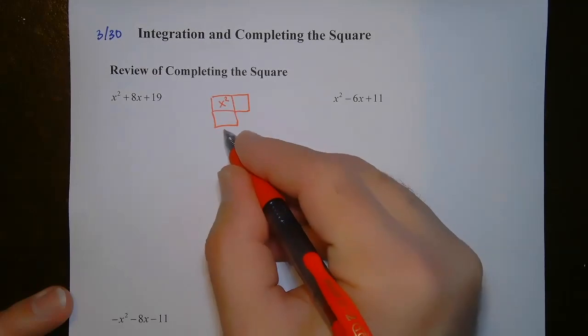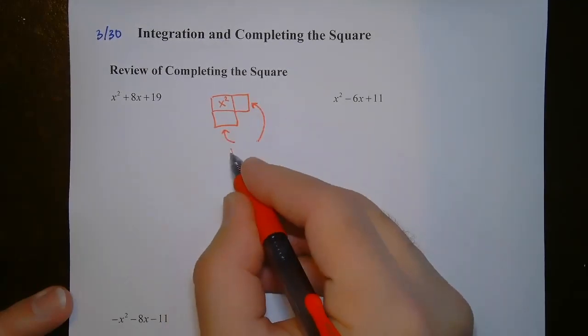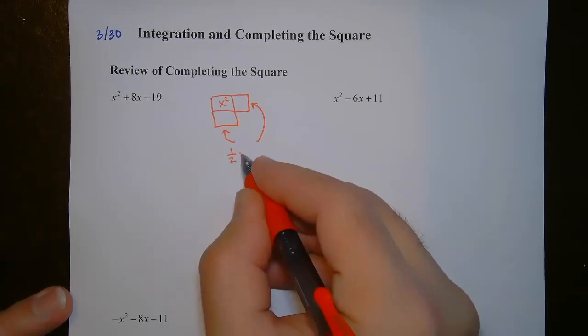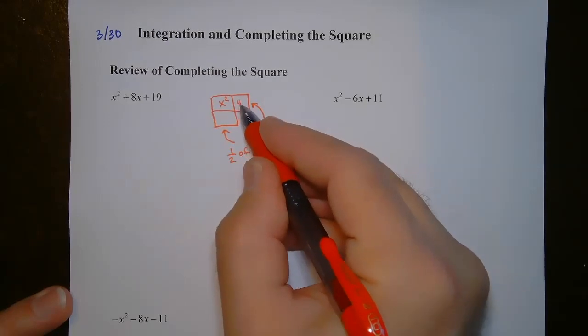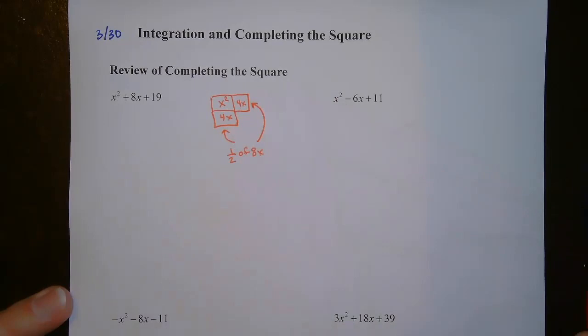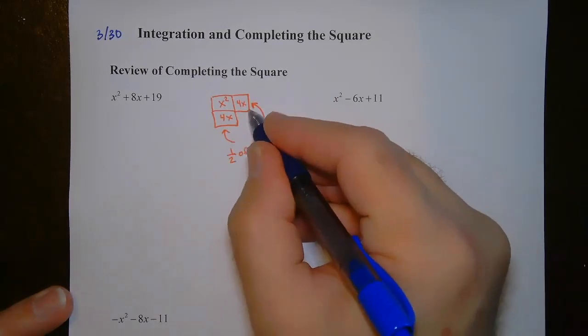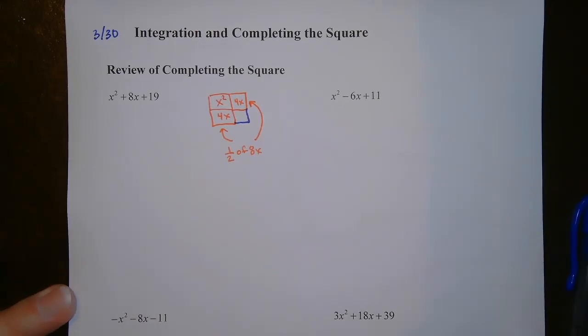So remember me writing this last year or in math 2. We're going to put half of 8x here, so that would be 4x here and 4x here. Now, what are we going to need to make this square? We're going to need this piece right here. Well, what is that piece?